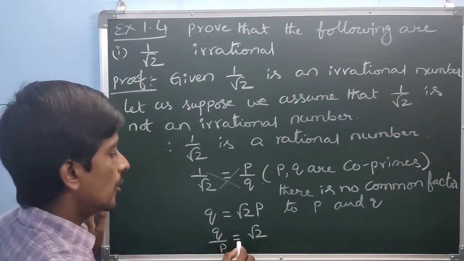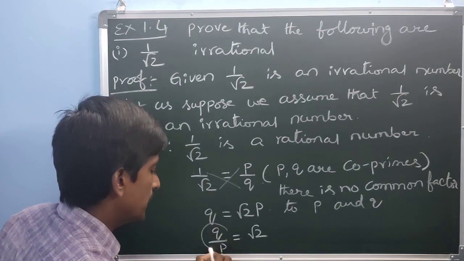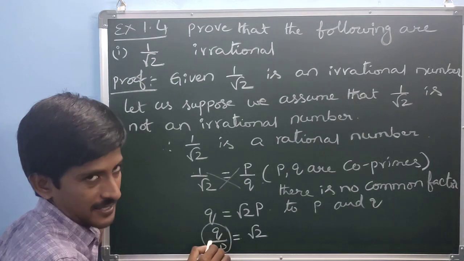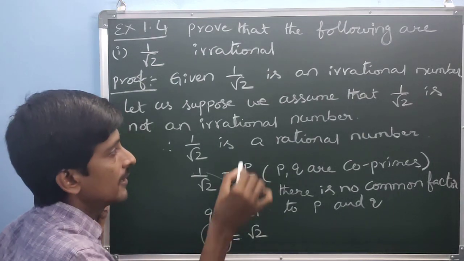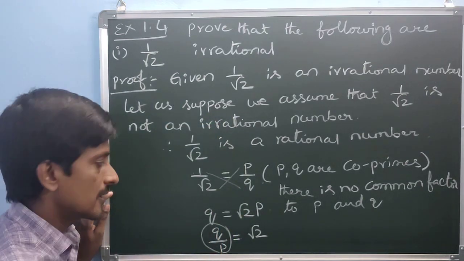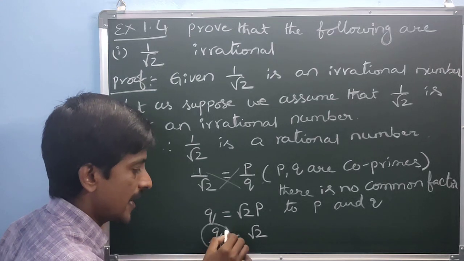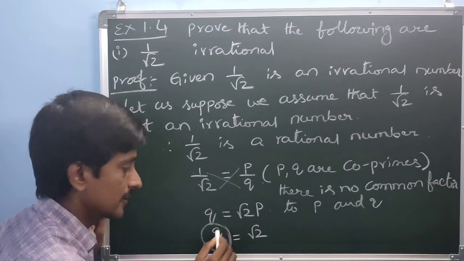Here Q by P is a fraction, and every fraction is a rational number. So Q by P is a rational number.